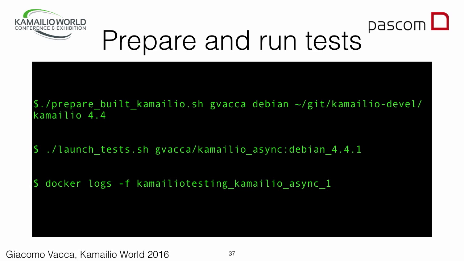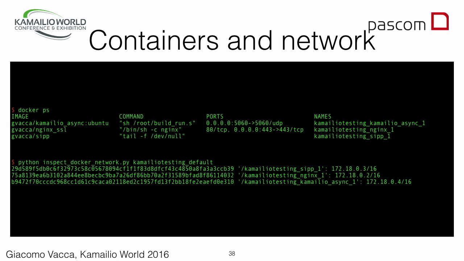Launch tests is based on top of it, and it basically runs Docker Compose from that specific image, which is created on the first step. And then we can see with Docker logs -f what's happening on the container that is under test.